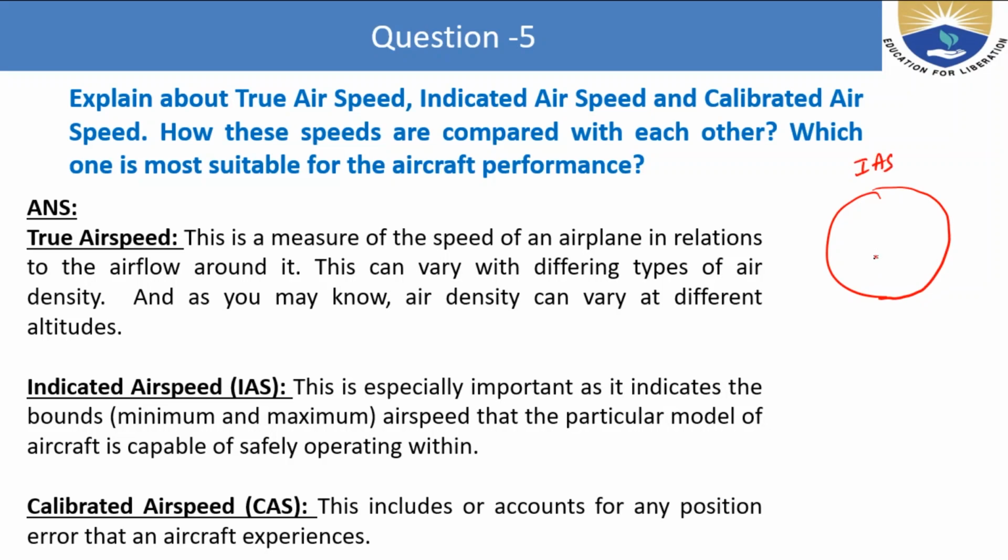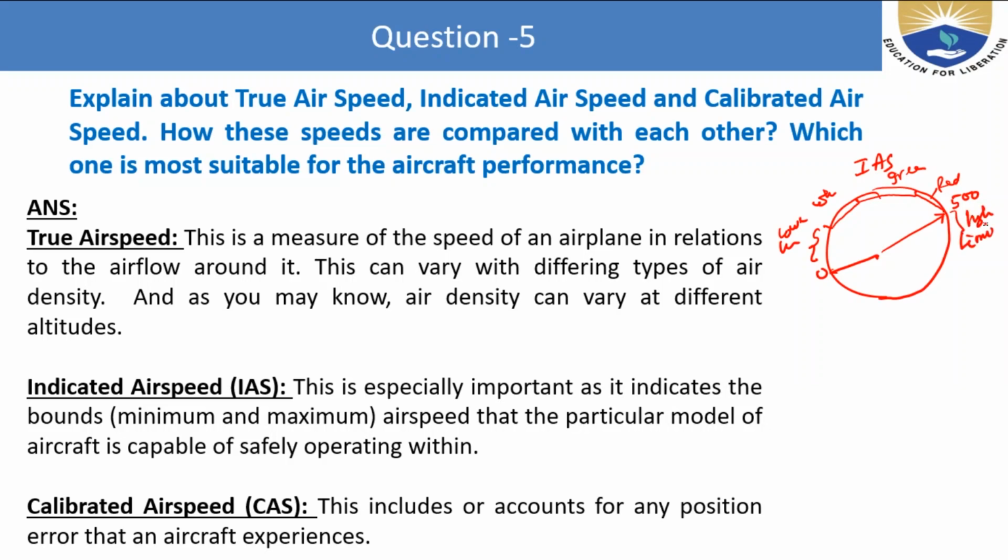Here we have 0 and here some maximum, maybe 500. Up to here it is white, then green, and then red. This is the lower limit and from here this is the high limit.